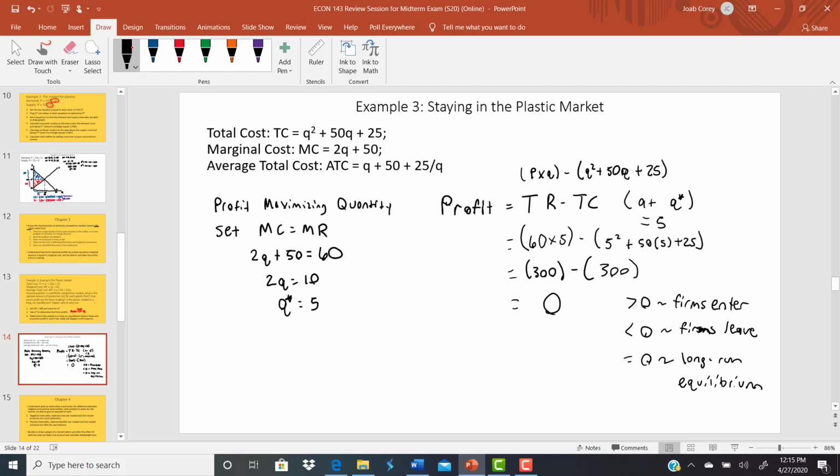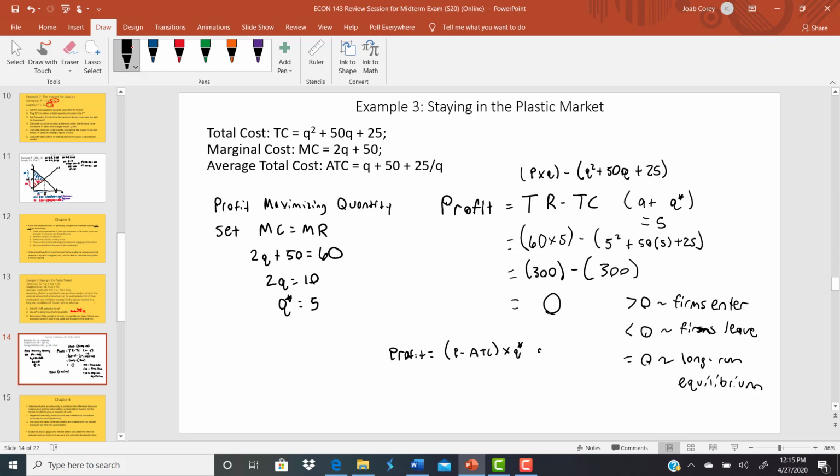Now, another way that you can figure out a profit, if you prefer, is that profit is also equal to price minus average total cost times Q star. That's essentially your profit per unit times the number of units.